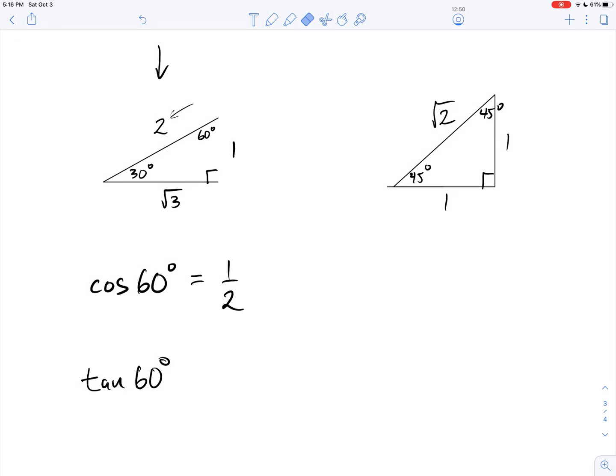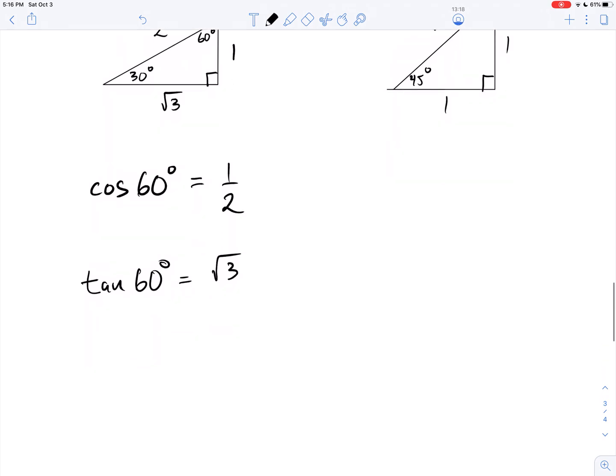Now I can put that back. Well, opposite the 60, adjacent to the 60, what would the answer be? It'd be rad 3 over 1, but you don't have to write the 1 if you don't want to since it's in the bottom. So I'm not going to. There's my answer, rad 3.